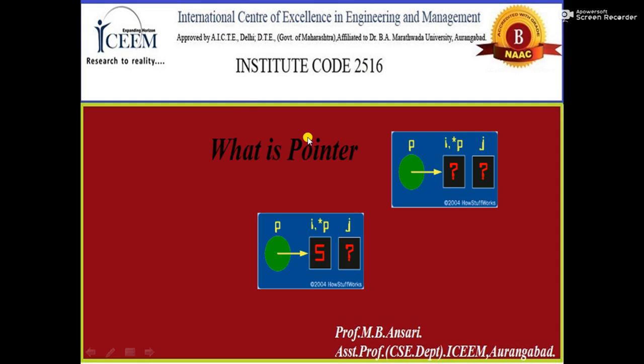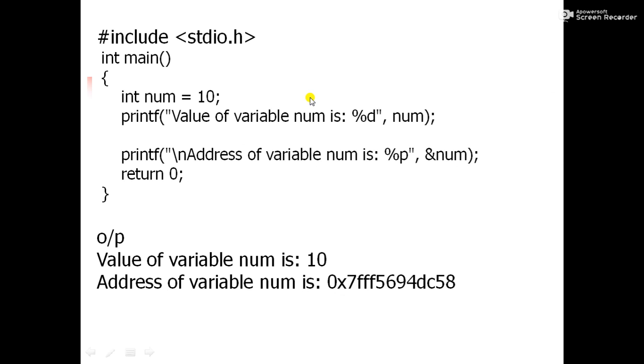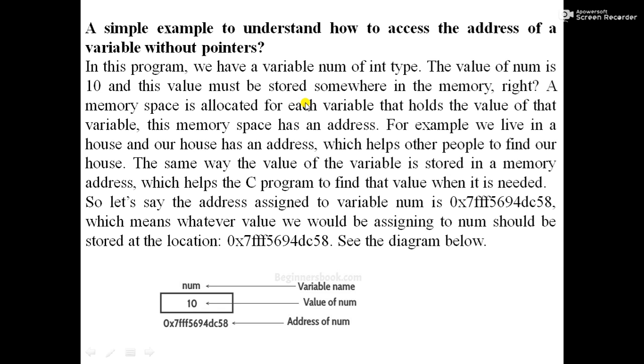If we use the star operator, then that will become a pointer while declaring a variable. And if we are not using that operator, then that will be a simple variable. So this is the basic mechanism by which the compiler identifies a pointer variable and a simple ordinary variable.